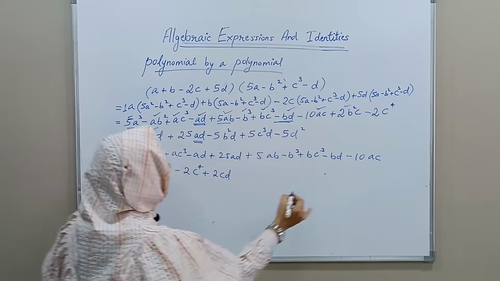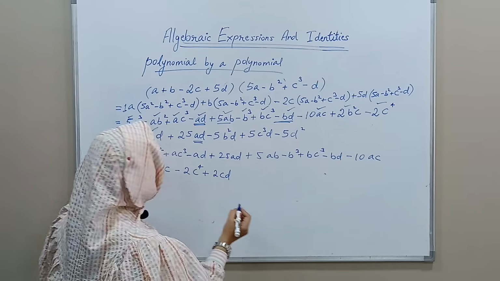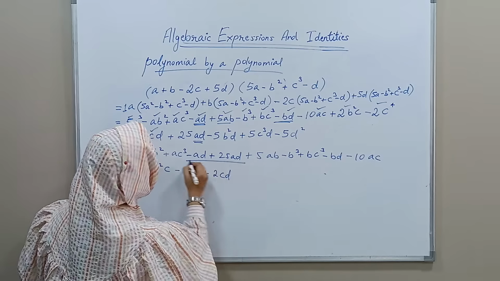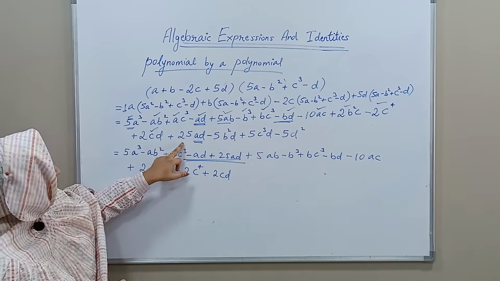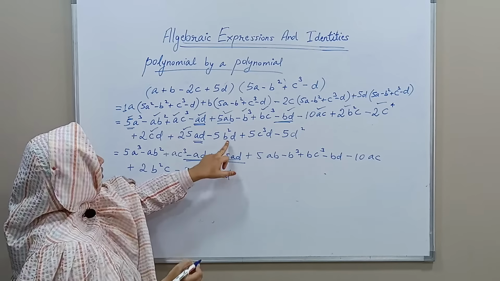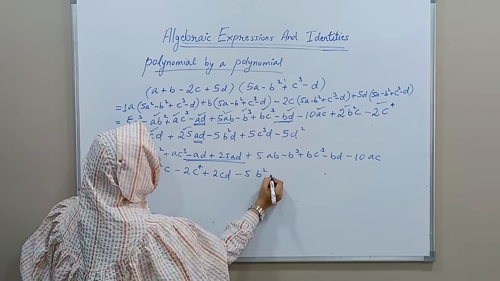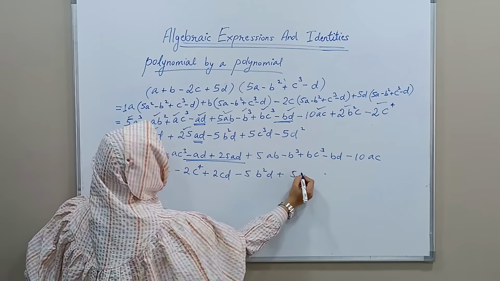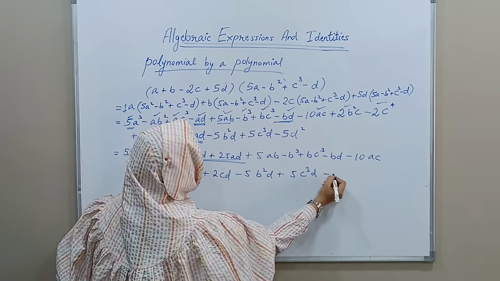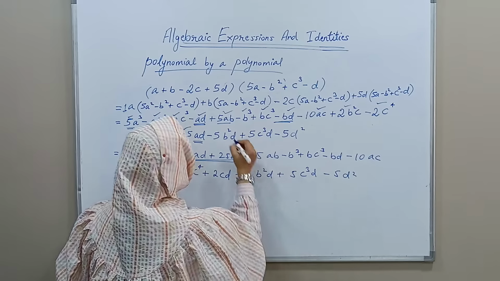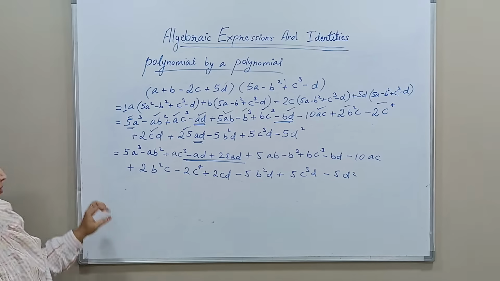This is done. Here only these are like terms. This was done already, b square d. So we have minus 5b square d plus 5c cube d minus 5d square, all unlike terms. So we have written all the terms.